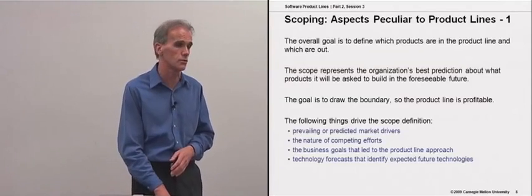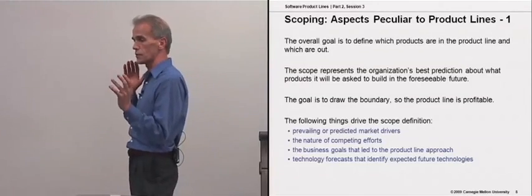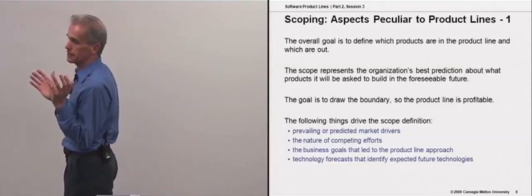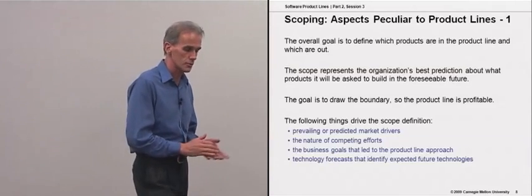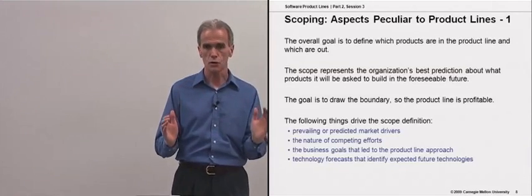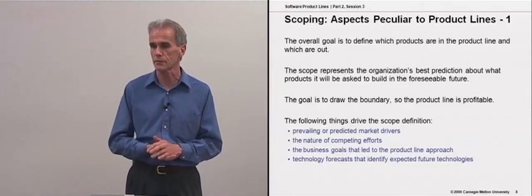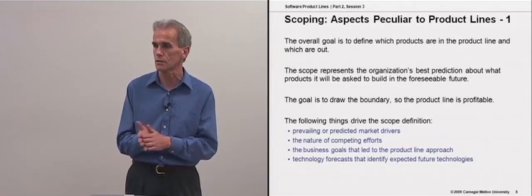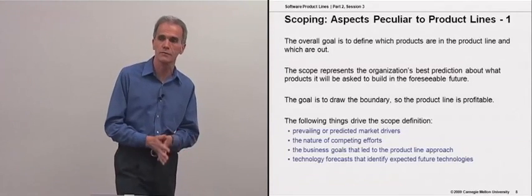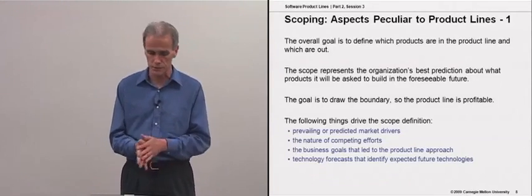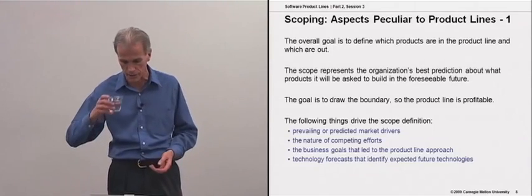Your overall goal here is to come up with a bound on what's in and what's out that is profitable for the organization. You are scoping out a particular set of products that you feel will bring you benefit in the marketplace, that will help you make money, and that will recover the investment that you made to create the product line in the first place and create the core assets.